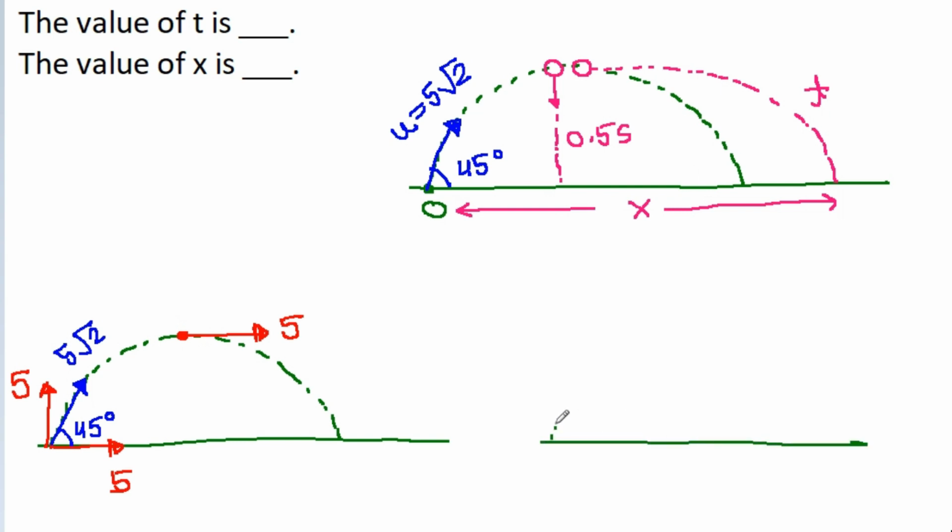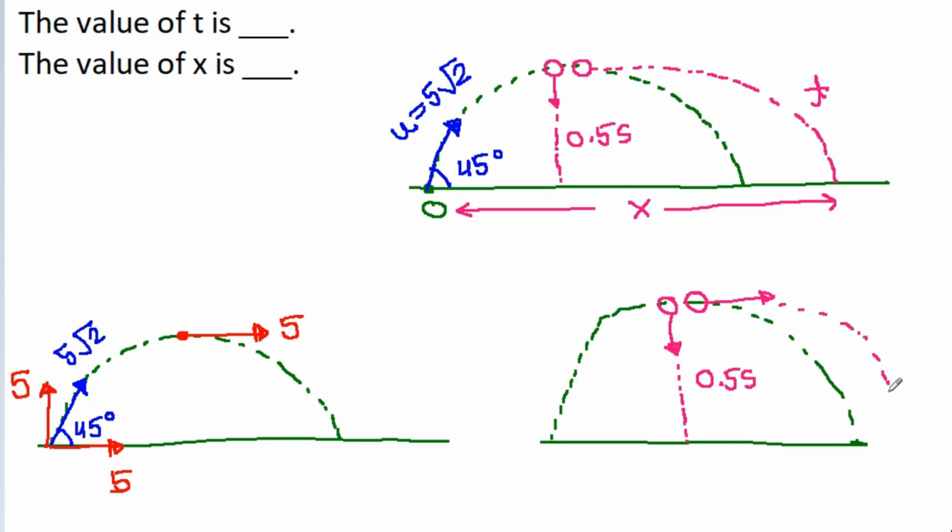At the highest point it is split into two equal parts, and one part falls vertically down and time taken is 0.5 seconds, and the other part falls x meter away from point O, and time taken is t second.